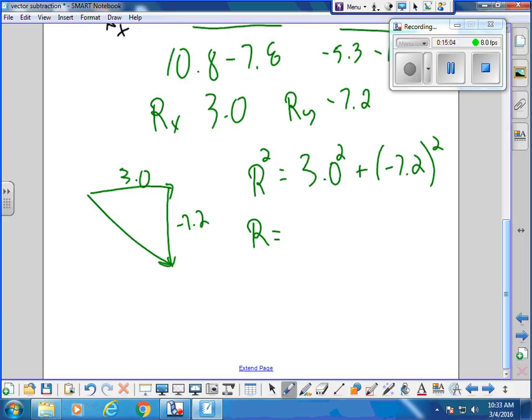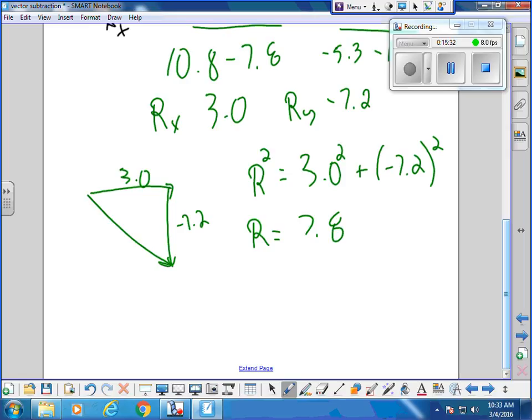Sam, you doing this for me? How much? 16? Then take the square root for me. 7.8. Oh, come on. That's like little boy and girl stuff.